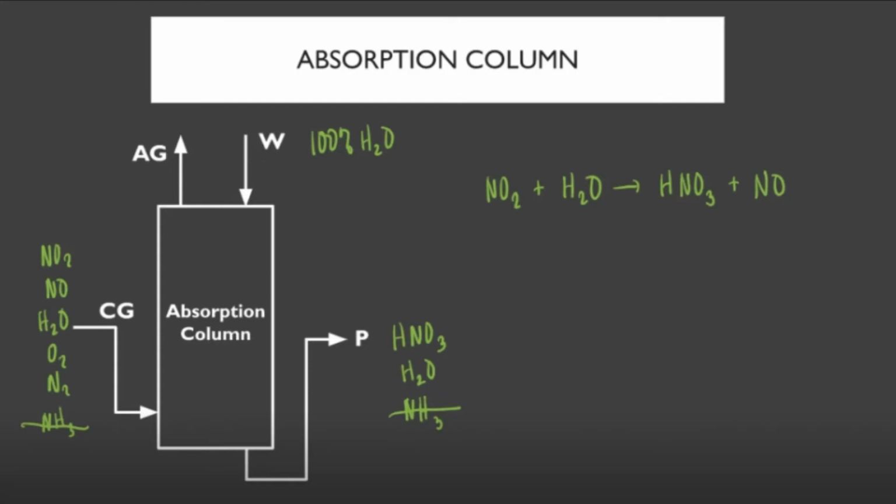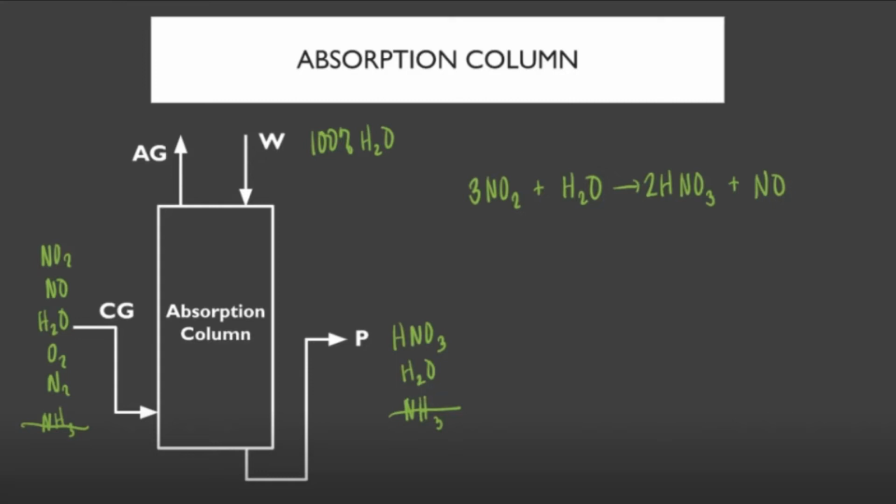To balance the equation, we multiply NO2 by 3 and nitric acid by 2. Now that we know the primary chemical reaction happening in the absorption column, we can deduce the components in the absorber gas.